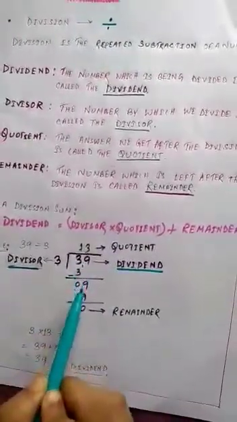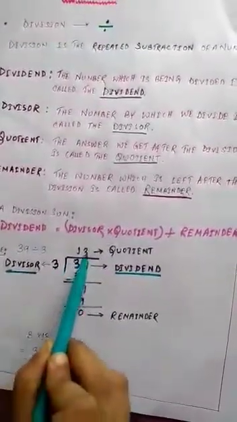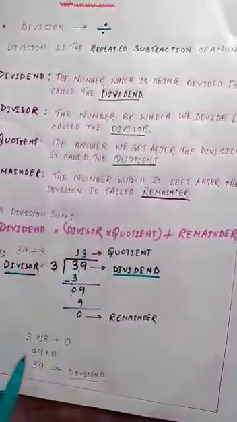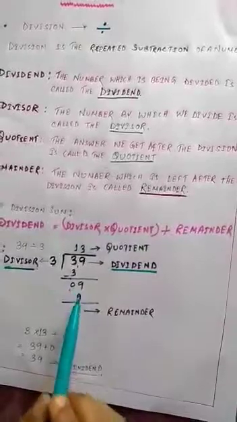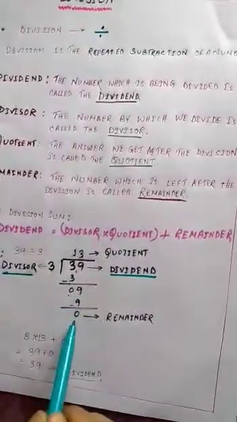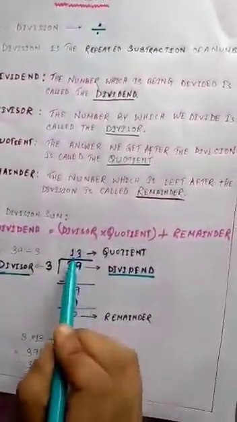Now we take down 9. 3 threes are 9, so 9 minus 9 is 0. This is our result.